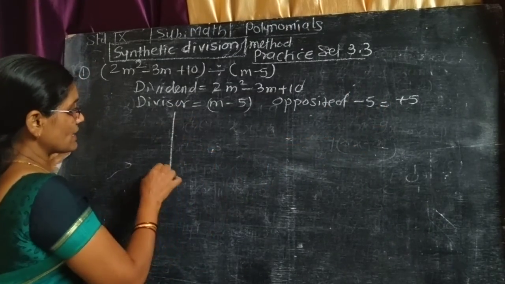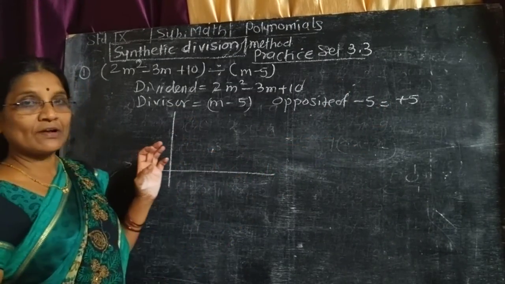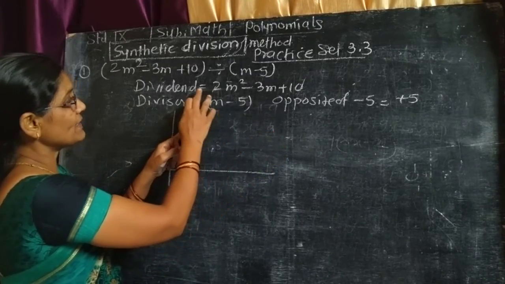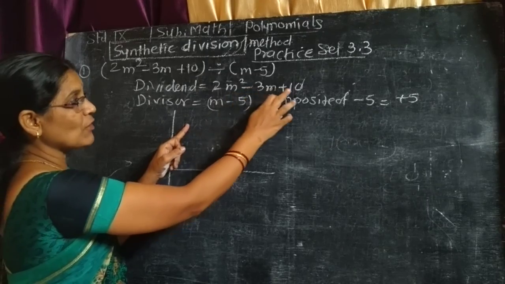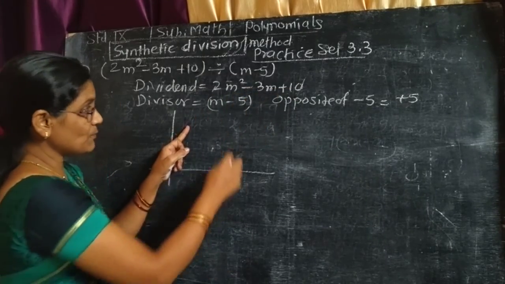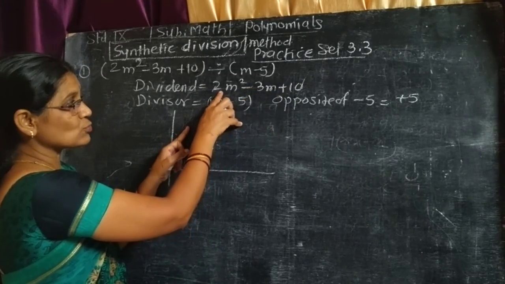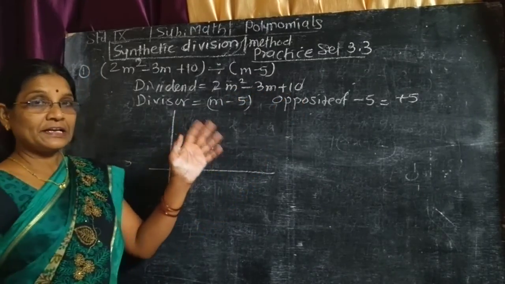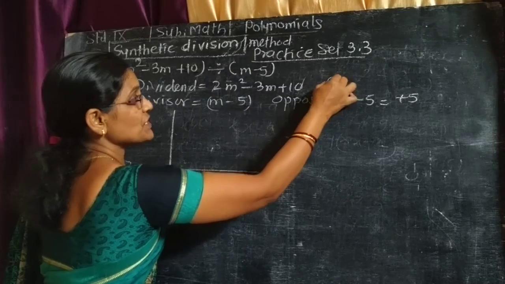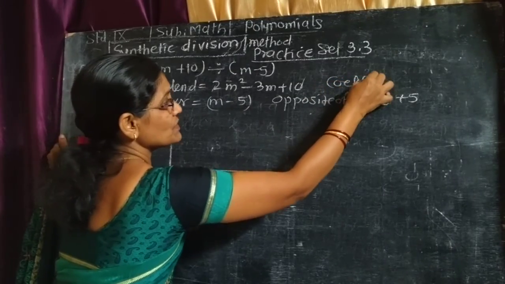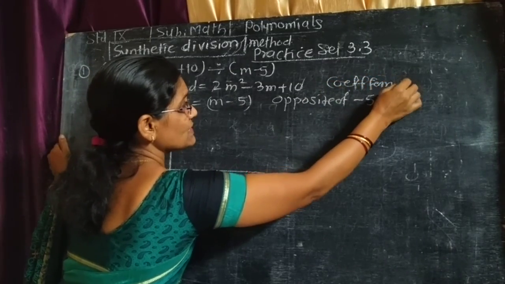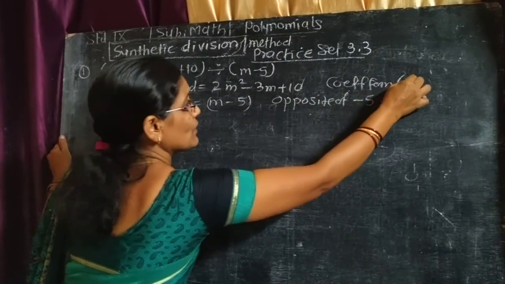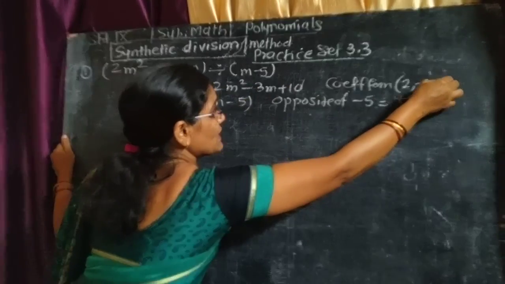Now we write it down this way: draw these two perpendicular lines to this line. We have to write the index form of the dividend, that is 2m square minus 3m plus 10, in coefficient form like this: 2, minus 3 and 10.